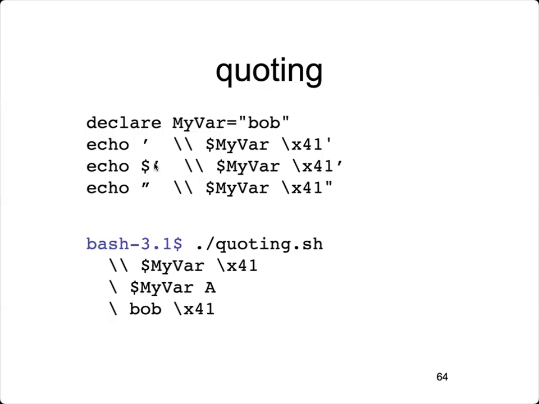So the $ single quote doesn't do any variable interpretation, but you can convert a hex code to the digit. This works if you need to put hex codes in your bash script and you don't want any binary data in your source file. So you can do $ single quote \hex, put it in there. It is curious. It escapes out the slash, but it doesn't know about variables inside of there.